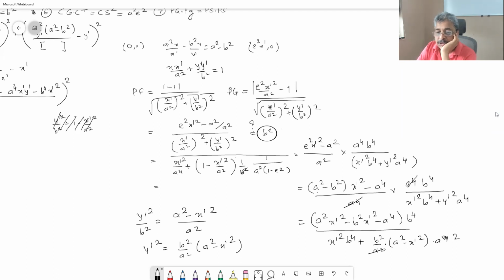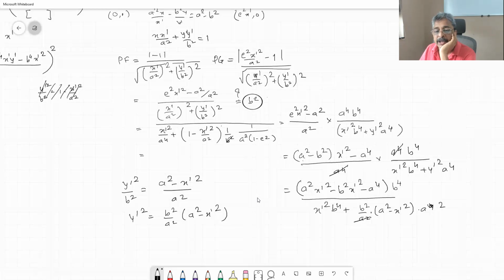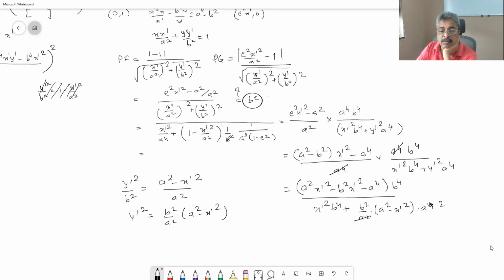And therefore, if I am lucky, I will get the numerator bracket cancelled with one b square cancelled. A square x dash square minus b square x dash square minus a fourth into b fourth divided by x dash square.